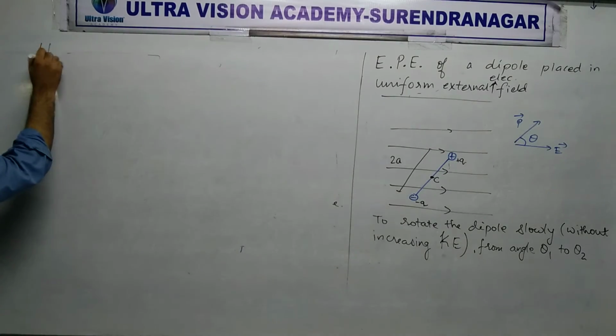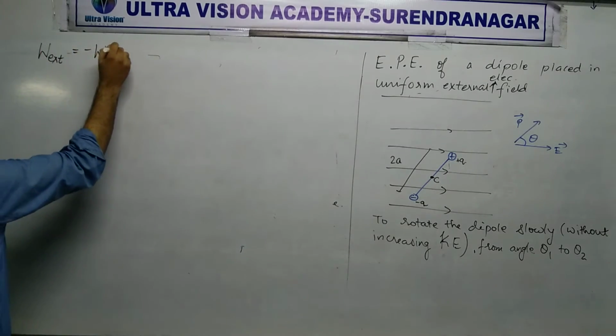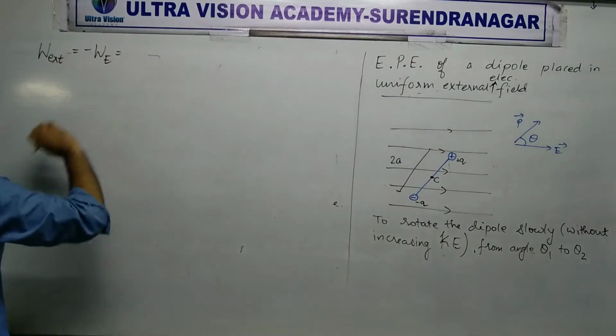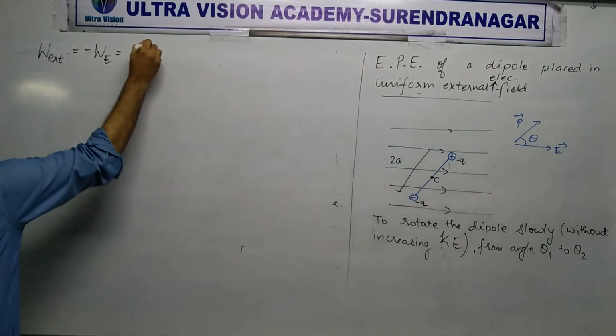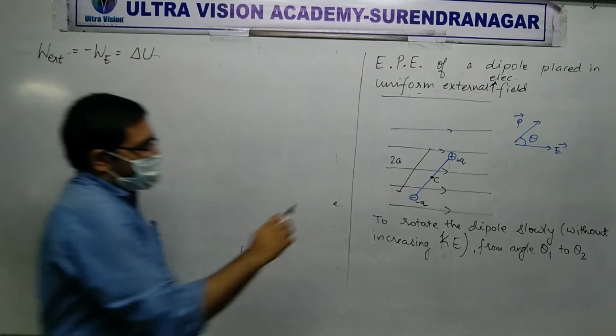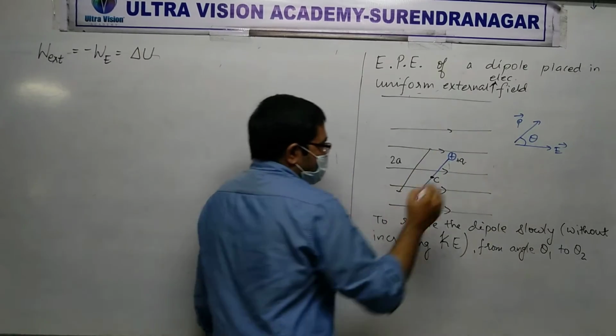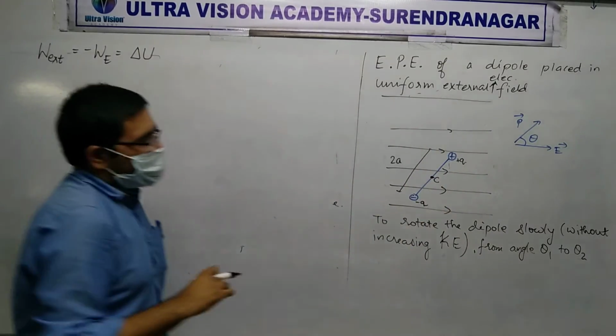The external work done should be equal to minus W_E, that should be equal to delta U. So, if you want to rotate the dipole slowly, first of all, in this given position, the electric field will try to rotate it.